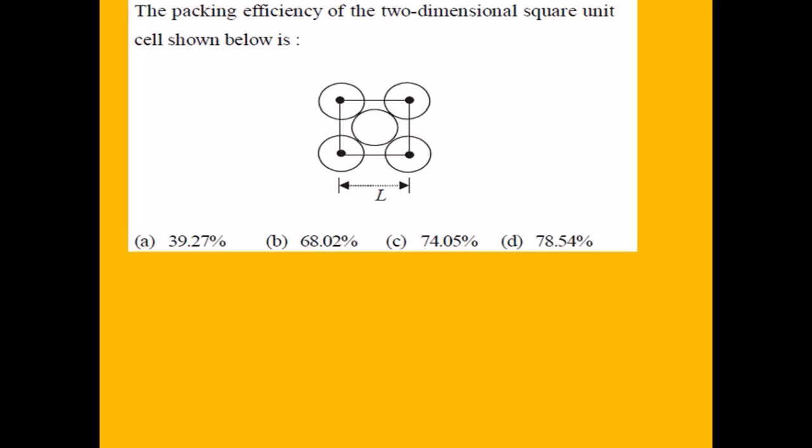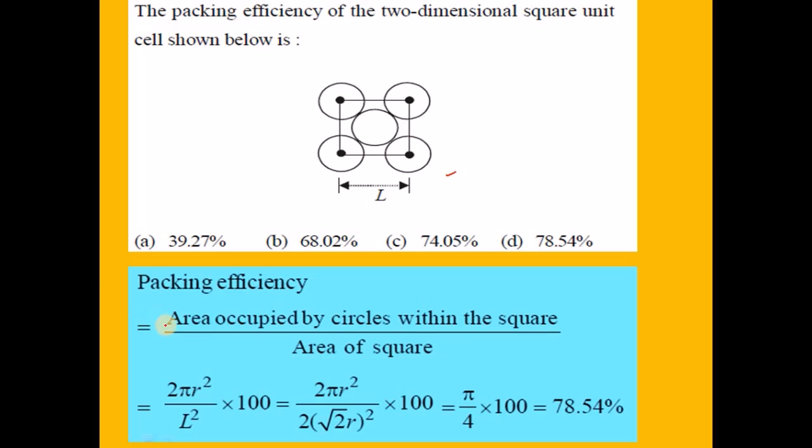Next question. The packing efficiency of the two-dimensional square unit cell shown below. We have to find the packing efficiency of it. The packing efficiency formula is the area occupied by circles within the square divided by the area of the square.